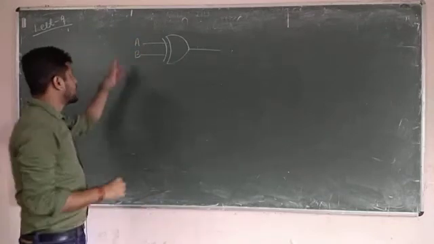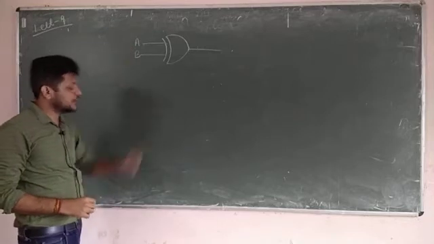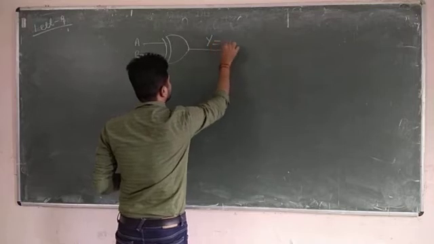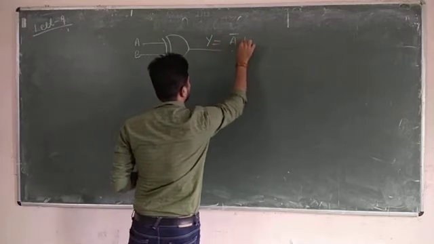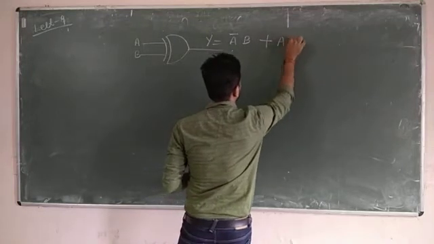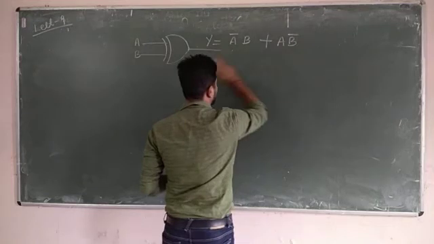So if I apply 2 inputs, that is A and B, then the expression for the XOR gate is Y is equal to A bar B or A B bar. This is the Boolean algebra for the XOR gate.